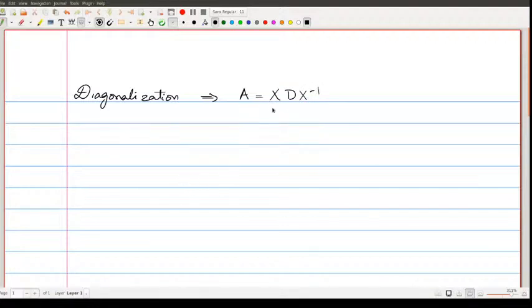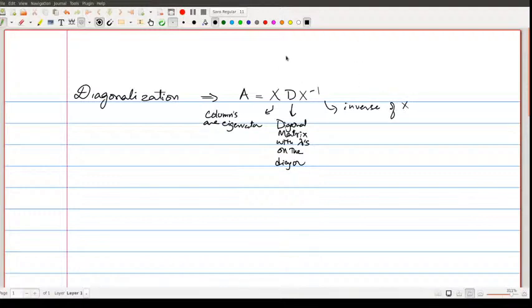Where X is the matrix of eigenvectors that has columns that are eigenvectors, right? And D is the diagonal matrix with lambdas on the diagonal, that is, all the eigenvalues on the diagonal, and this is of course the inverse of X, right?